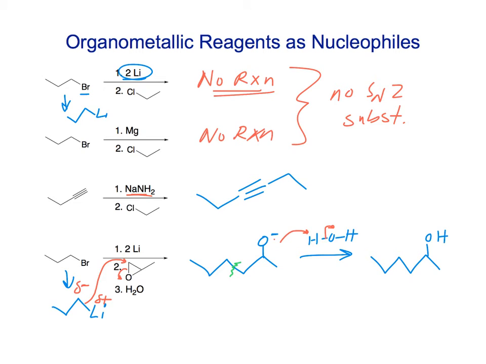If we did the same reaction, but instead of using this 3-carbon epoxide, we just used the simple epoxide here, then what we would get is just this primary alcohol.